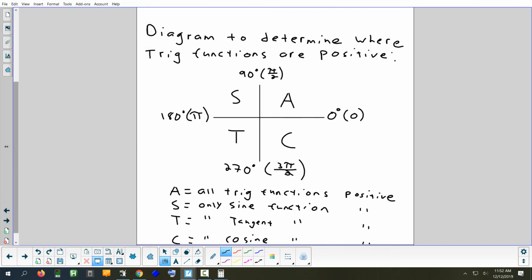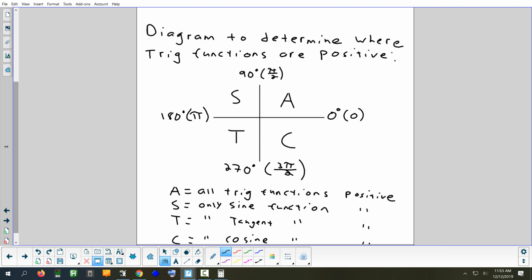Okay, it comes out negative. If you get an angle somewhere between 180 and 270, the only thing that will come out positive is your tangent. The sine would be negative, the cosine would be negative. And if you pick an angle between 270 and 360, the cosine would come out positive.